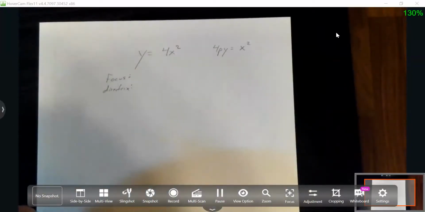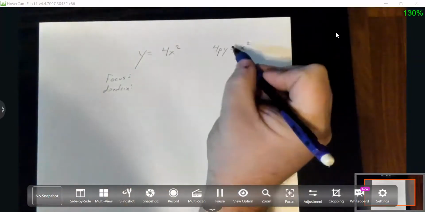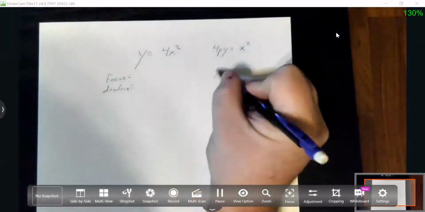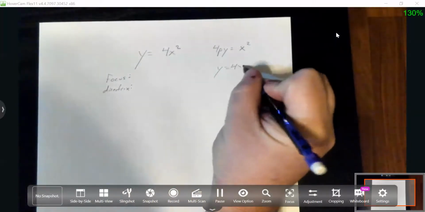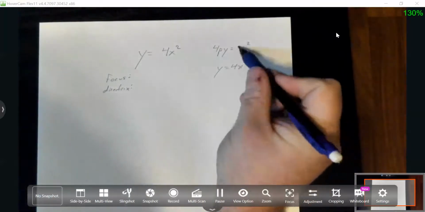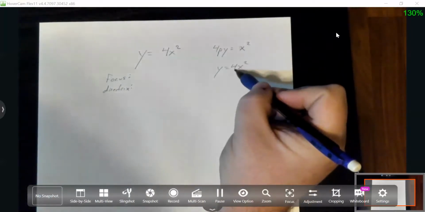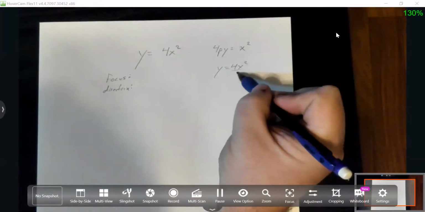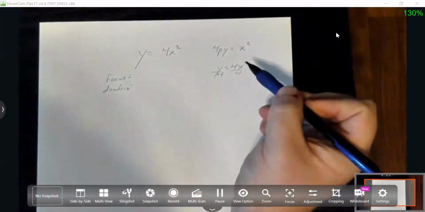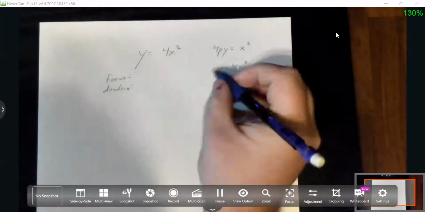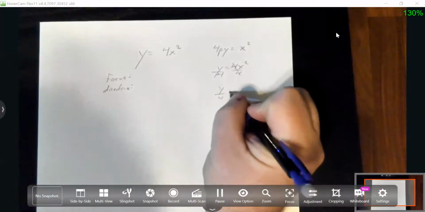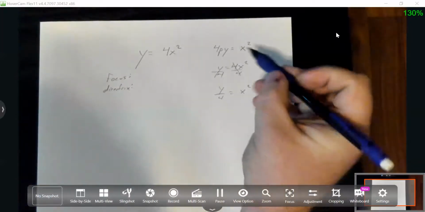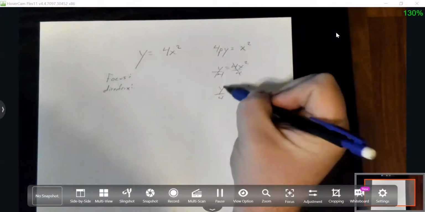So now, in order to find it, I need to compare them to each other. So notice here on my y equals 4x squared, it's not a direct comparison yet. To make it work, I'm going to have to divide both sides by 4, so x squared is by itself. So now I have y over 4 is equal to x squared. Now we can directly compare them.